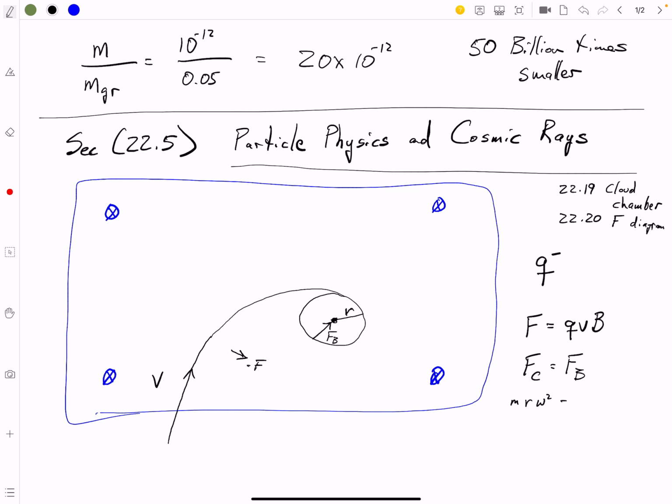That's our force, and that's going to equal our QVB. So very convenient: m r omega squared equals QVB.